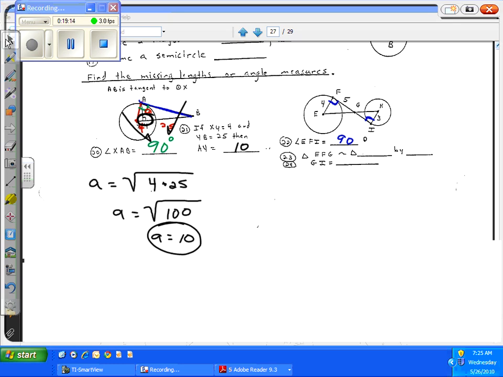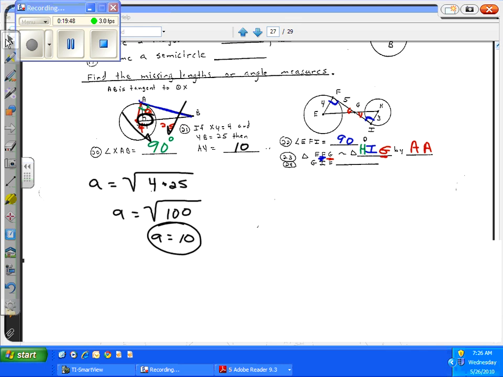We know that the angles at G are vertical, and vertical angles are equal. So we have two angles of one triangle equal to two angles of another. Therefore, the triangles are similar by angle-angle similarity. If we want to name that similarity, the G's were the verticals, so they both go last.